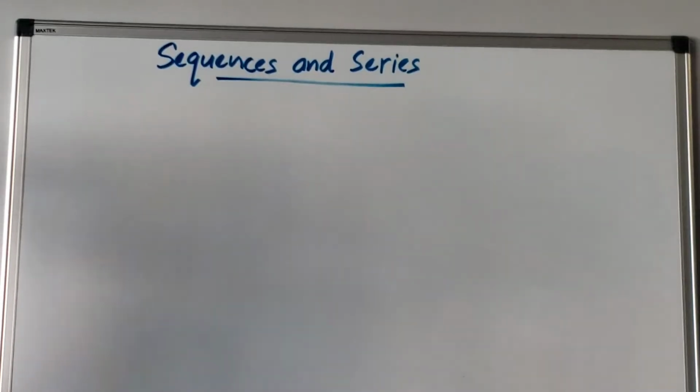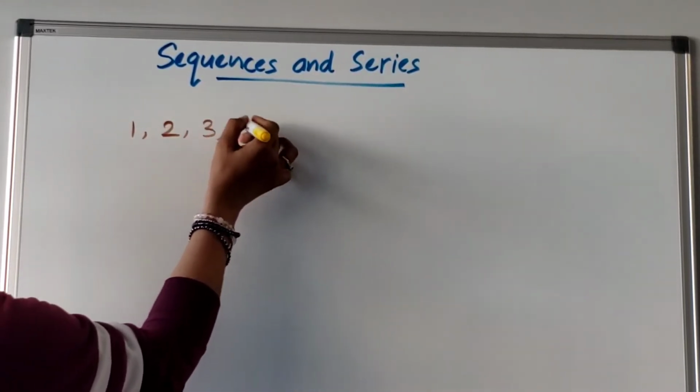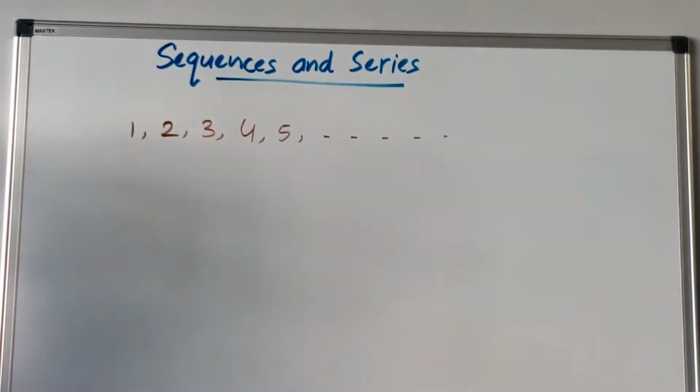Let's talk about sequences and series in today's lesson. Before we talk about sequences in detail, let's have a look at what different sequences look like. This is an example of a sequence.